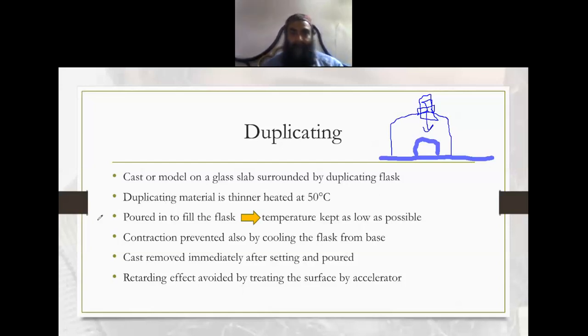The duplicating material is heated at 50 degrees centigrade. When it comes to a sol form, it is poured into the flask through this hole. The surrounding temperature is kept as low as possible.